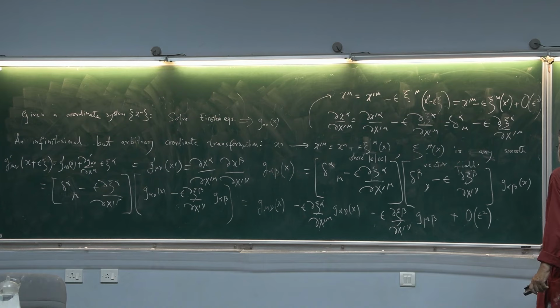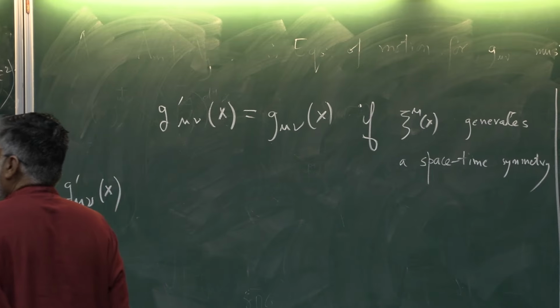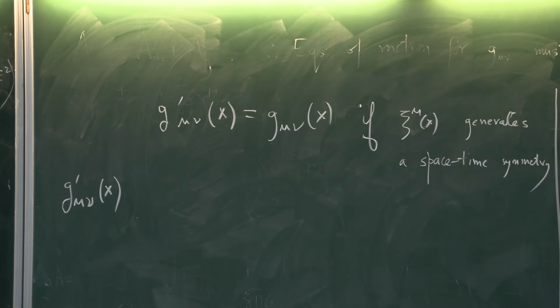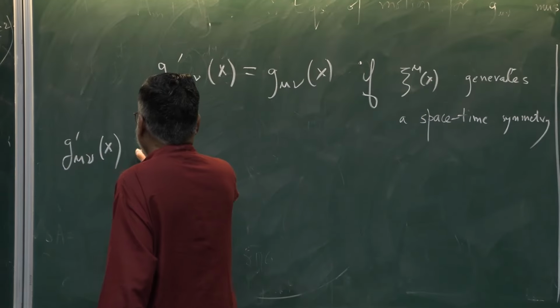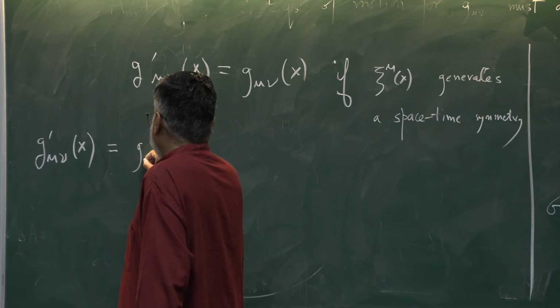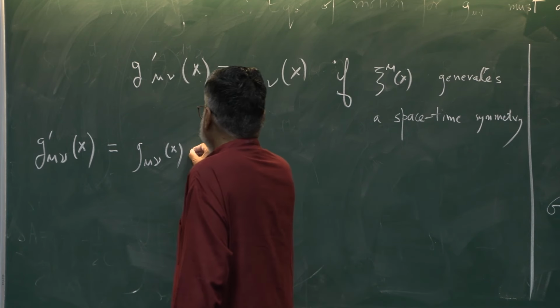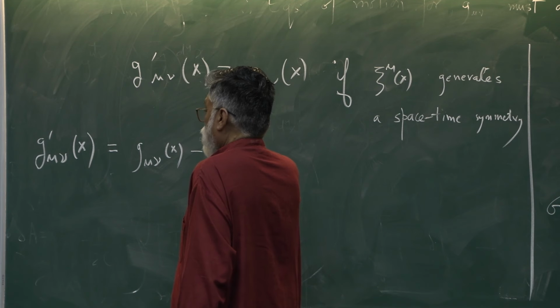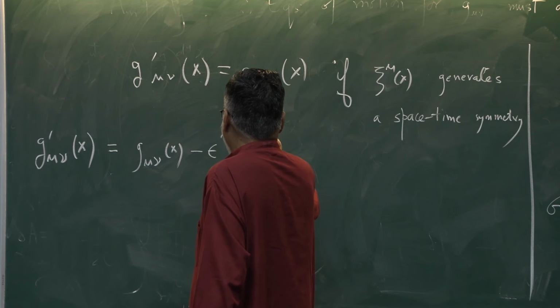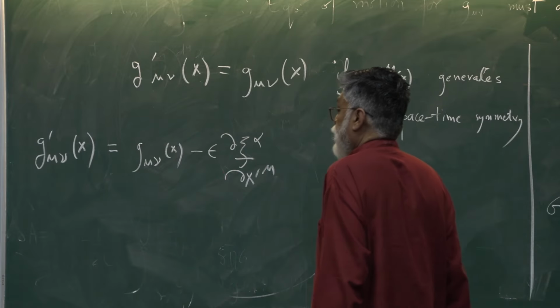I have got the general result that g prime mu nu of x is equal to, and I'll take this term to the other side. Up to first order in epsilon, I've got the equation to be g mu nu of x minus epsilon del xi alpha by del x prime mu of g alpha nu of x.